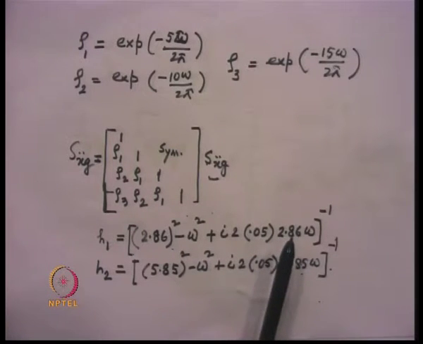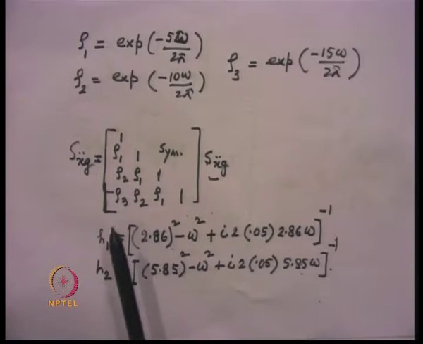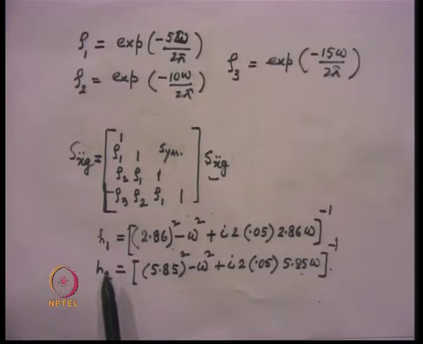So, in place of omega n we write 2.86, and we have the complex frequency response function for the first mode. Similarly, one can write down the complex frequency response function for the second mode. The only thing we do is replace the first frequency by the second frequency 5.85, and we get the frequency response function for the second mode. Similarly, one can write the frequency response function for the third mode, taking the third frequency.